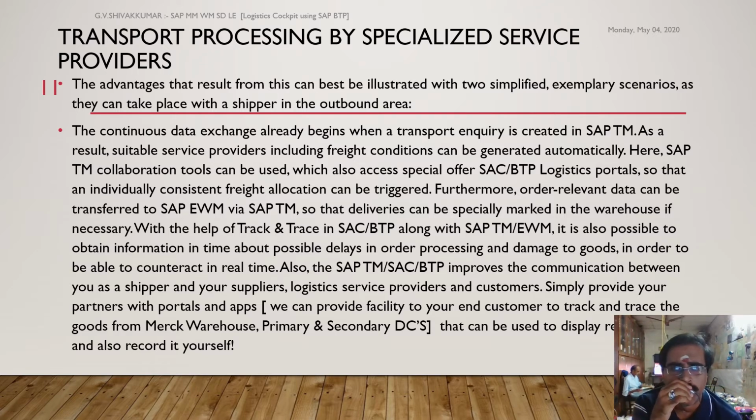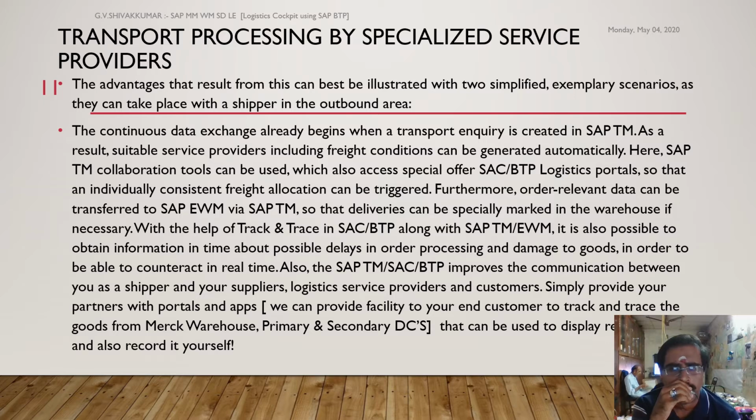The advantage that results from this can be illustrated with two simplified scenarios, as they take place with a shipper in the inbound area. The continuous data exchange already begins when the transport inquiry is created in SAP TM. As a result, the suitable service provider, including freight conditions, can be generated automatically.